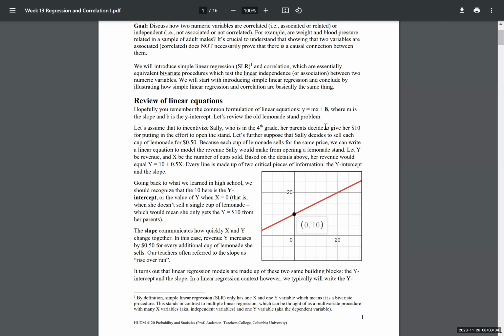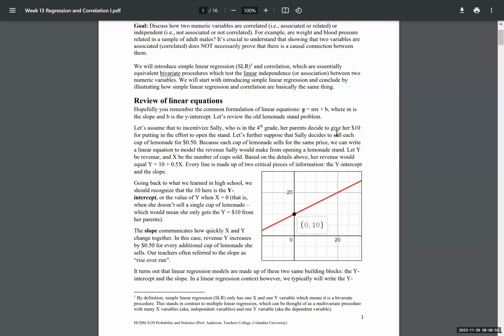And the y and x, these are just the variables, the input and output. If you know the slope and the intercept, if you give me some x, the line will give you a number for y. And if it's a perfect linear equation, it gives you the perfect prediction of y.